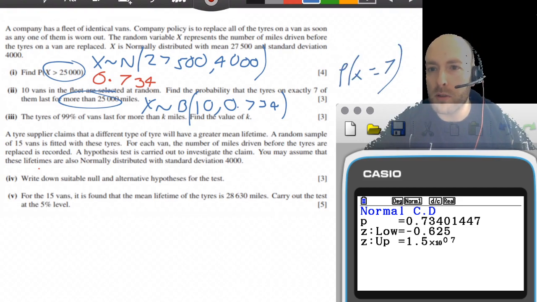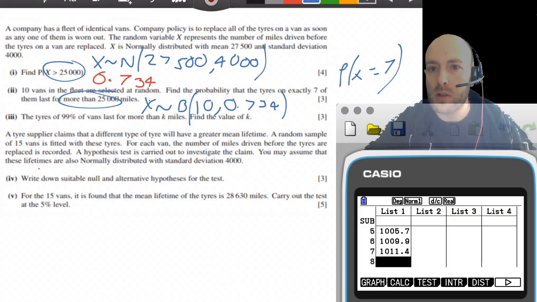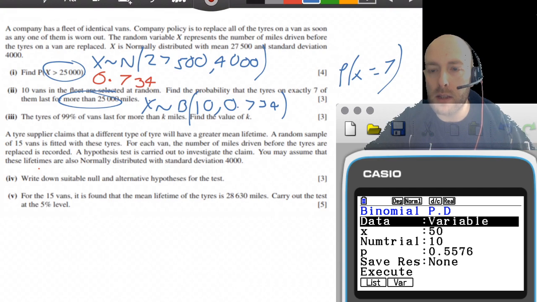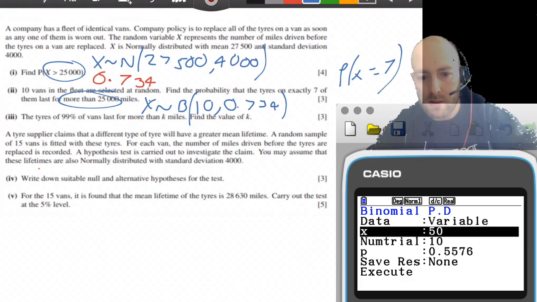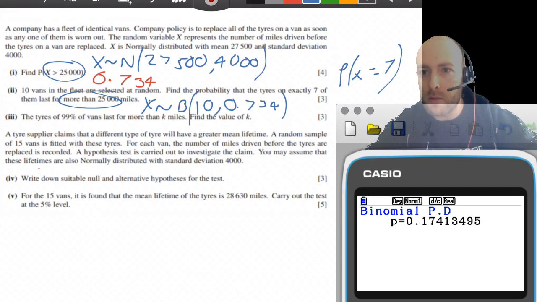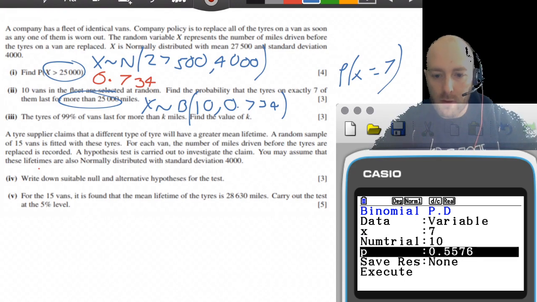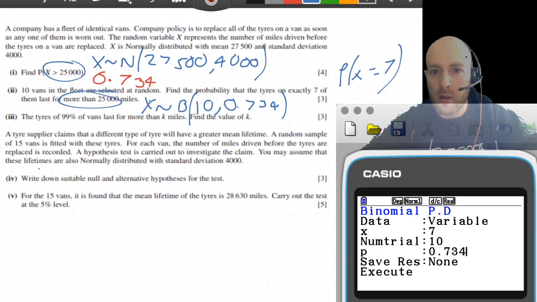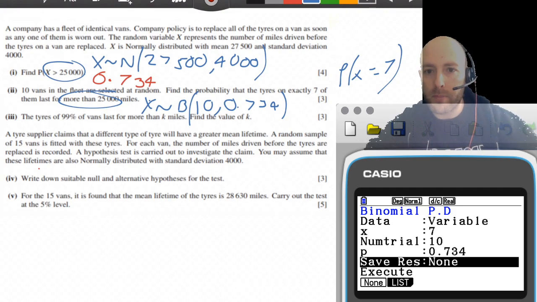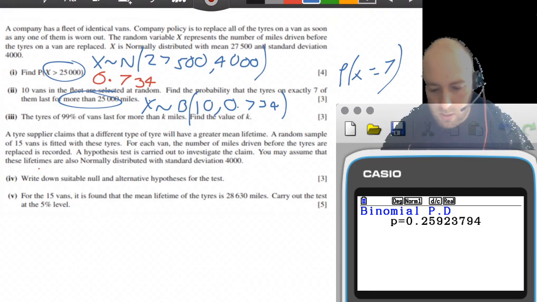So we can use a binomial probability distribution, BPD, and put it all in. X, we want 7. Trials, we want 10. And p is 0.734. Now we're ready to go. So we should get 0.259.